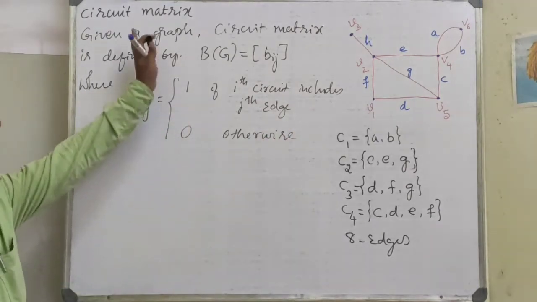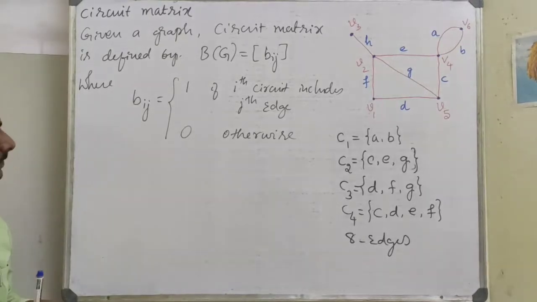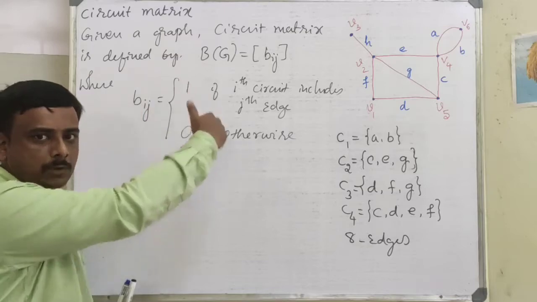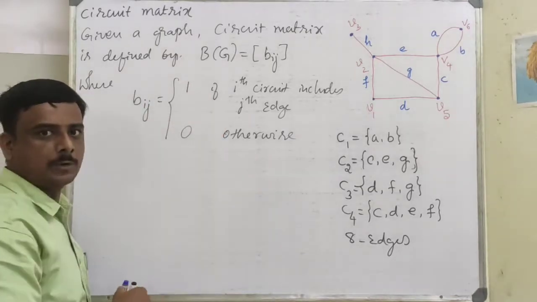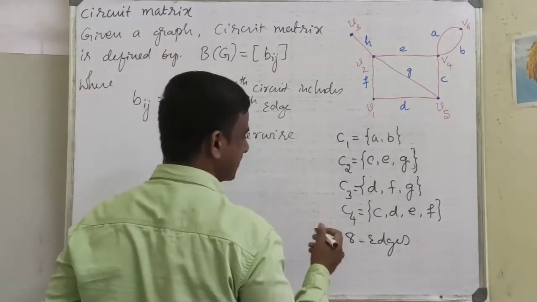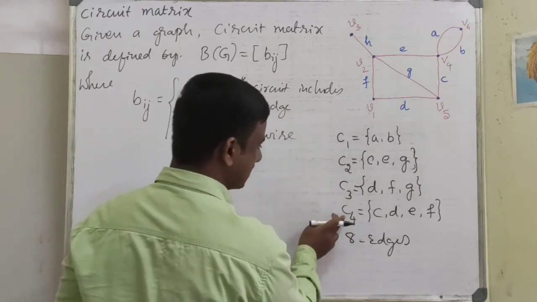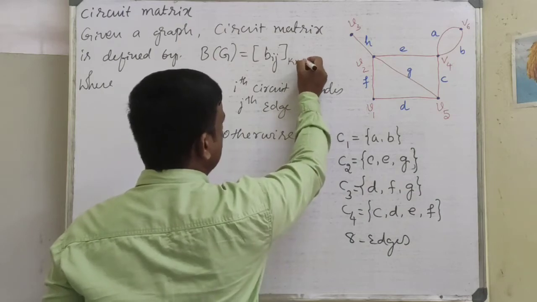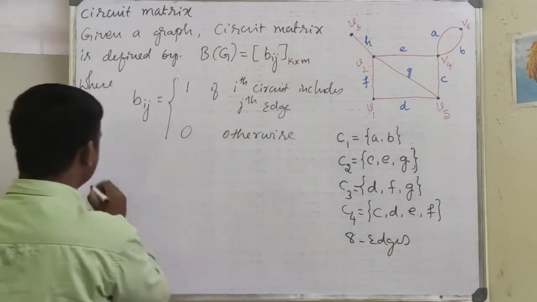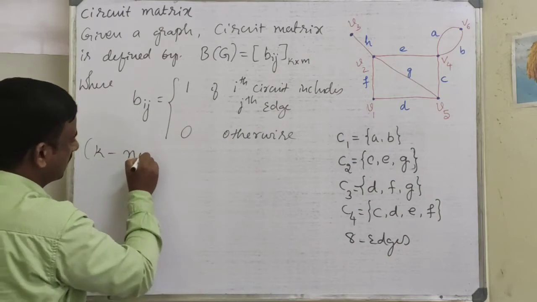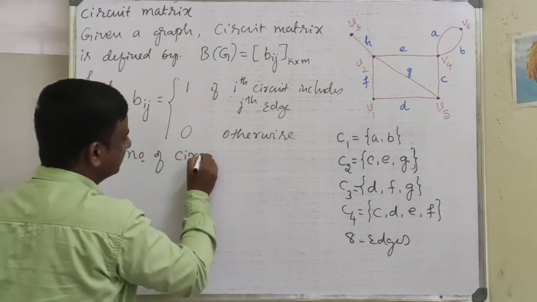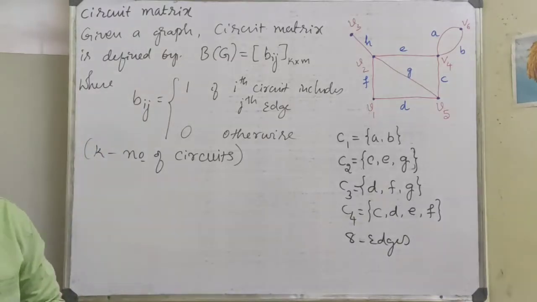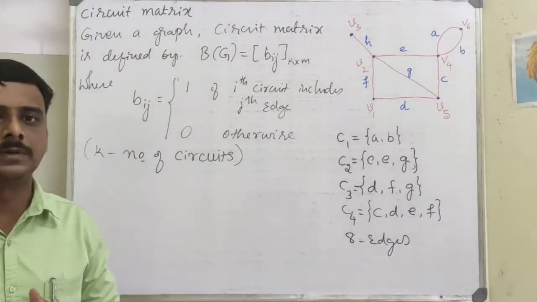That is the definition of circuit matrix. Here i runs through the number of circuits, j runs through the number of edges. So the order of this matrix will be K cross E, where K denotes the number of circuits in the graph and E the number of edges. So order of the circuit matrix will be number of circuits times number of edges.